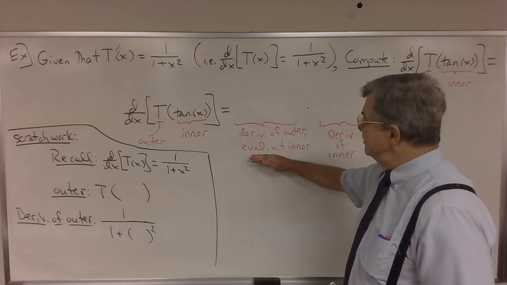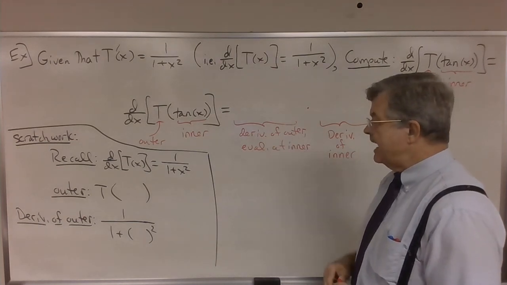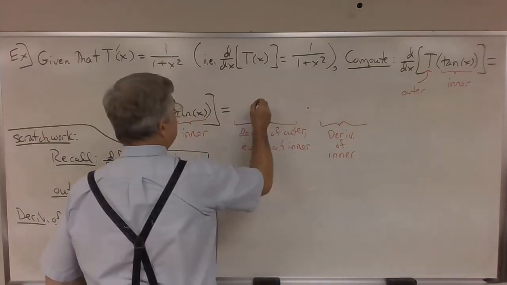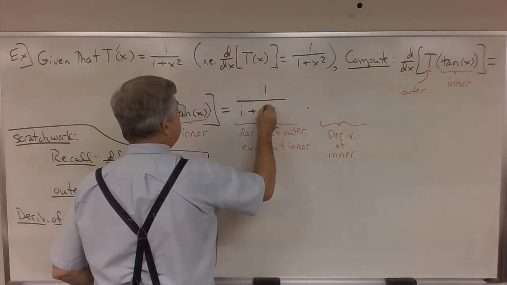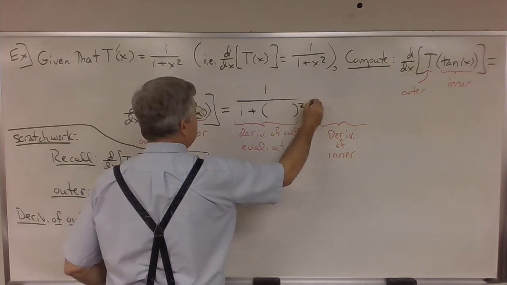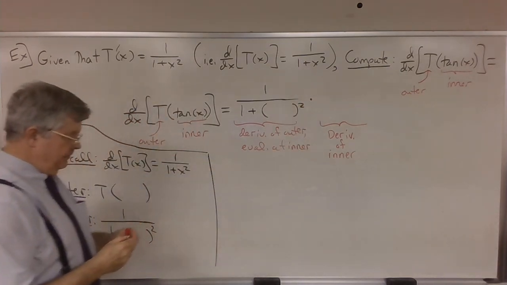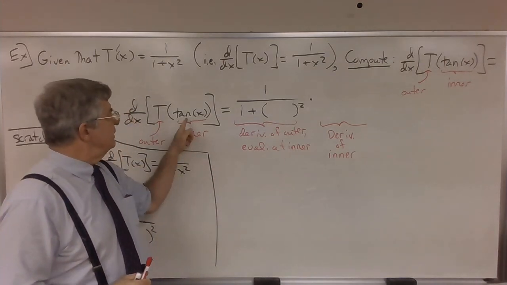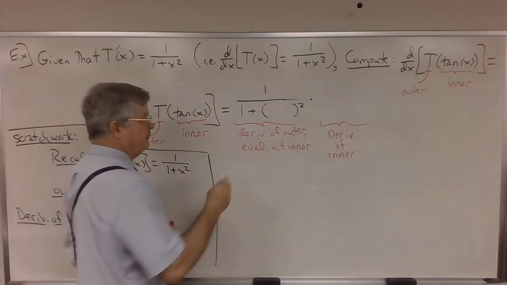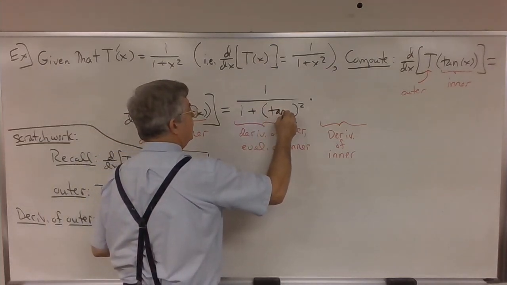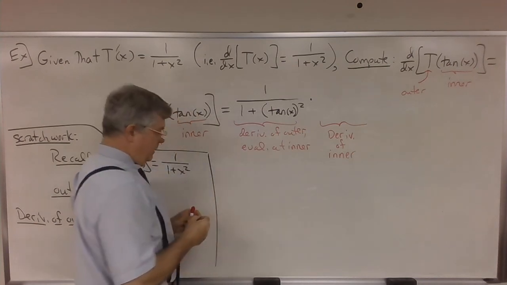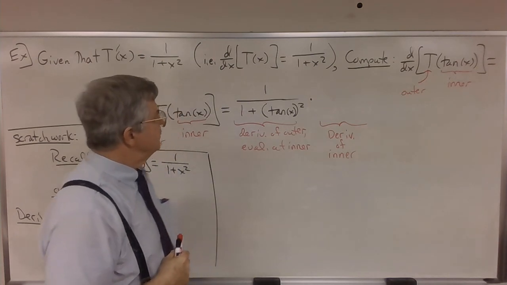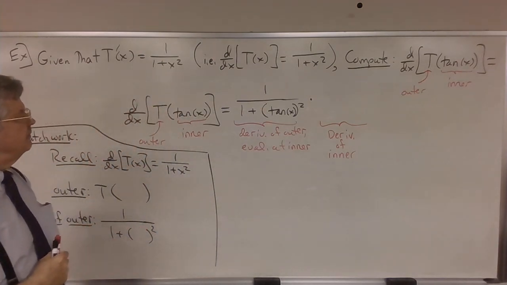The chain rule says we should have the derivative of the outer. That's this thing, so 1 over 1 plus something squared. That's the derivative of the outer. And now we have to evaluate it at the inner, tangent of x, and let's see, the derivative of the inner function.